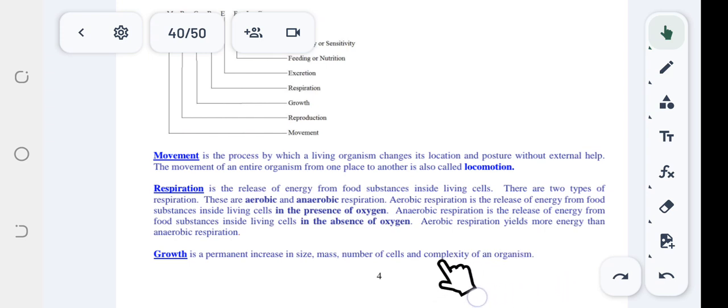As organisms grow, they become more complex, having more complex systems. A single cell is not so complex, but when the cells increase in number, the mass and the size will increase. That is what we mean by growth.